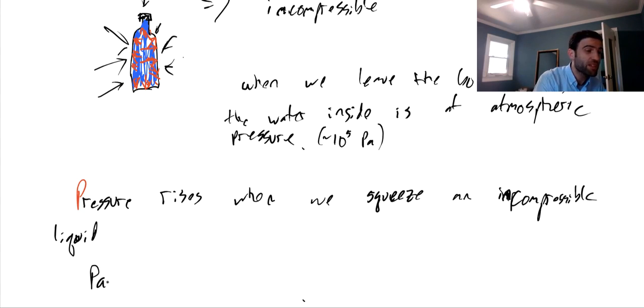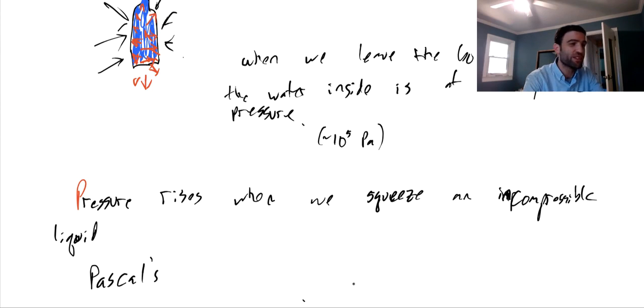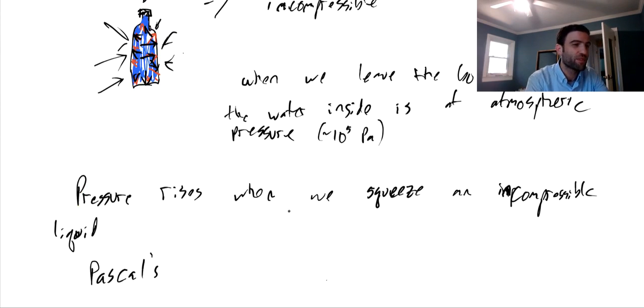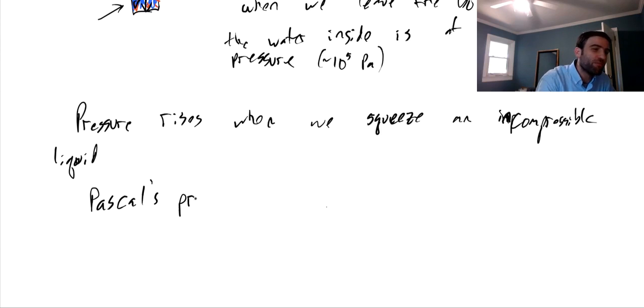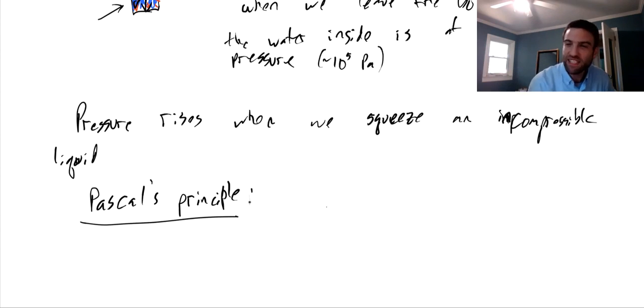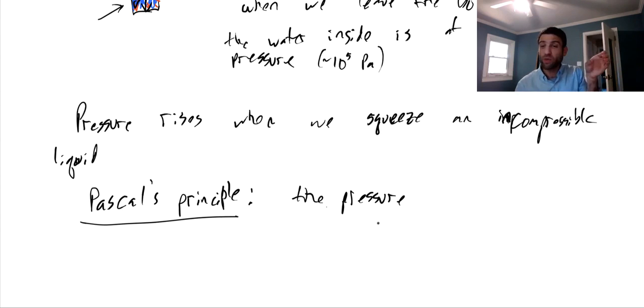That's given by something that's called Pascal's principle. So same Pascal after whom these units were named. He studied a lot of things to do with fluids and hydrodynamics and things like this. And what Pascal's principle says is that the pressure in this situation changes uniformly throughout the bottle when we squeeze it.